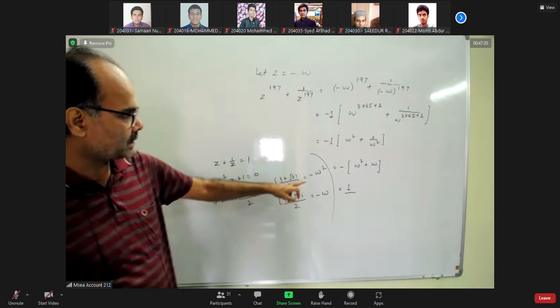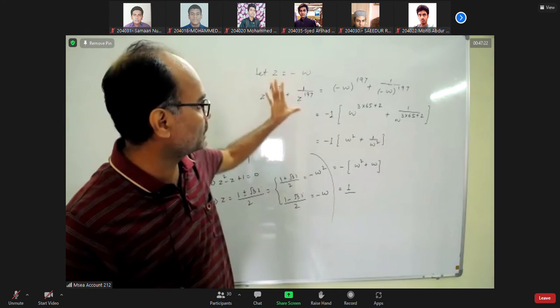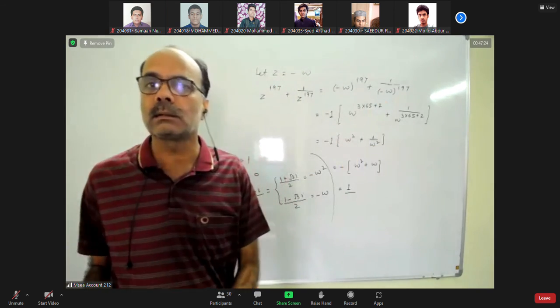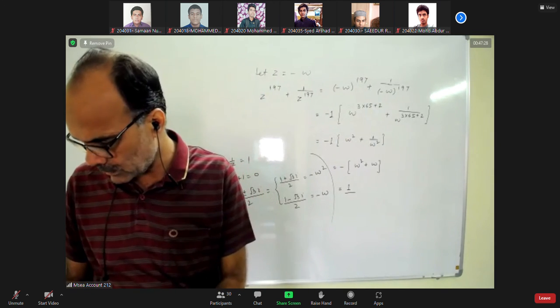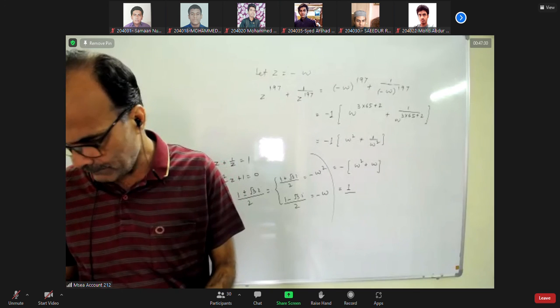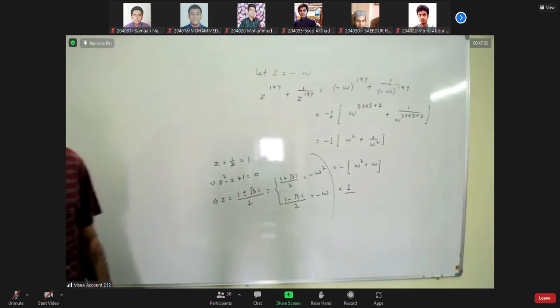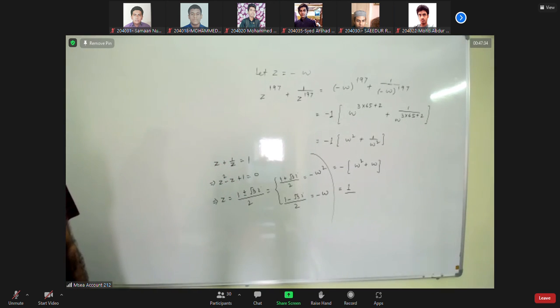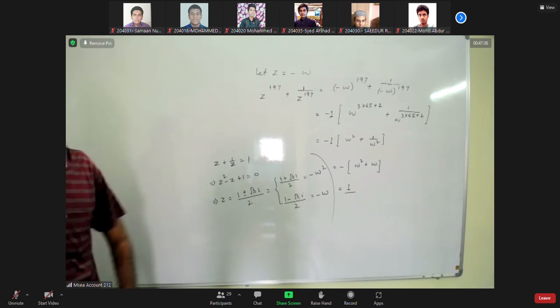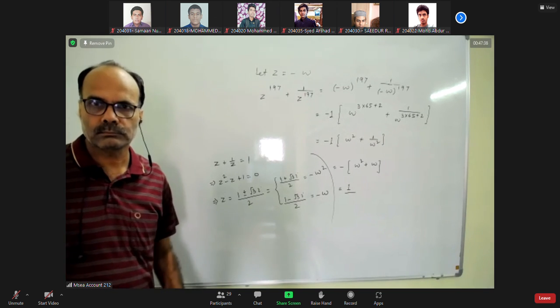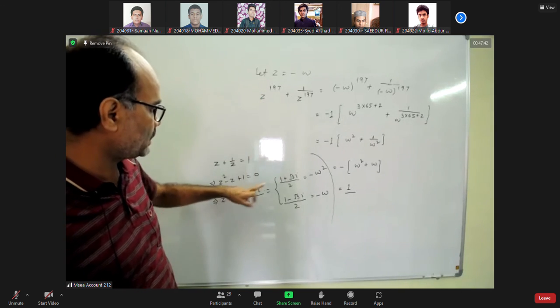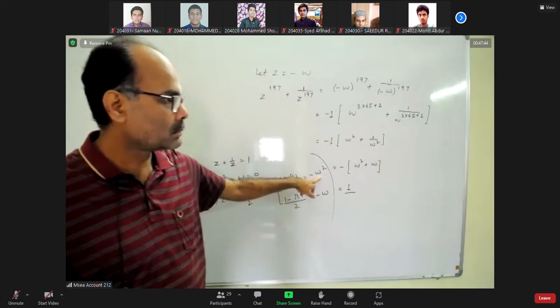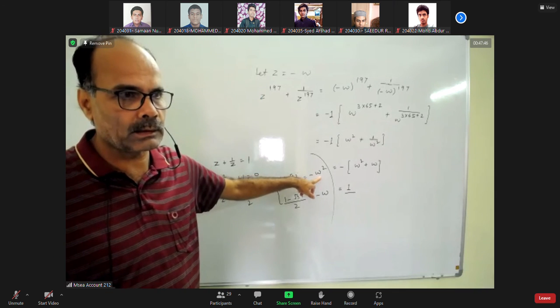Even if you take z as minus omega square, you will get the same answer. Once you check it, if you take z as minus omega square, is the answer the same or different?